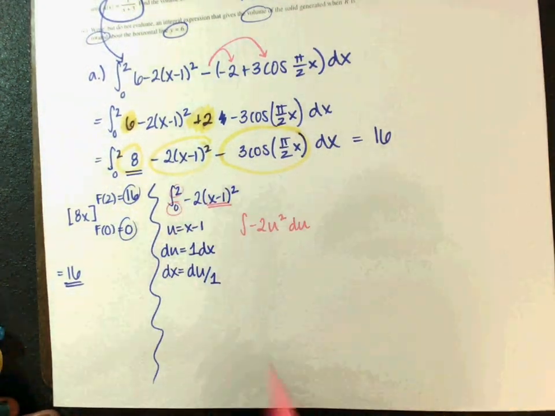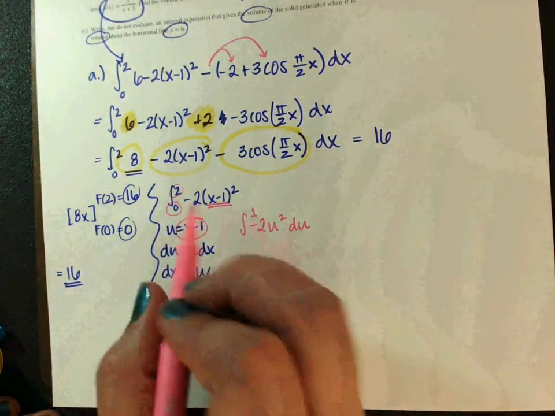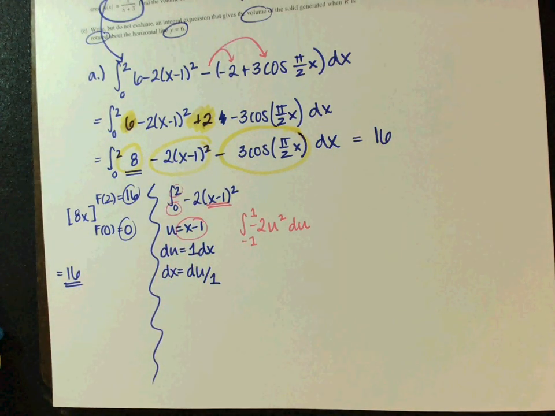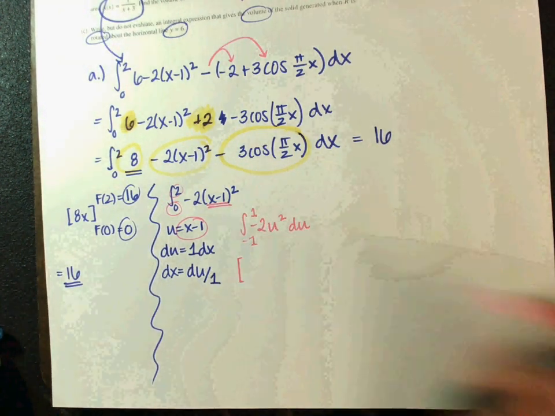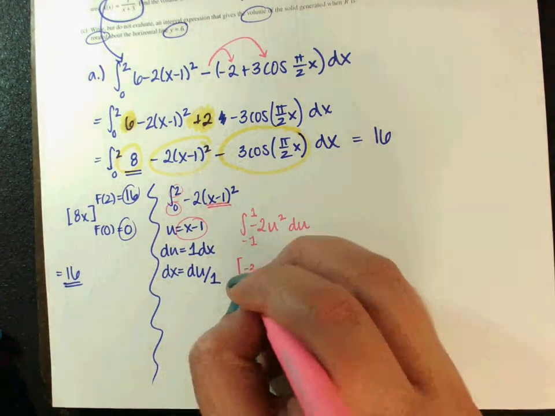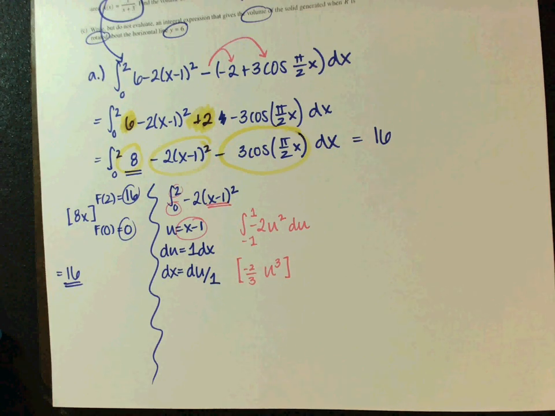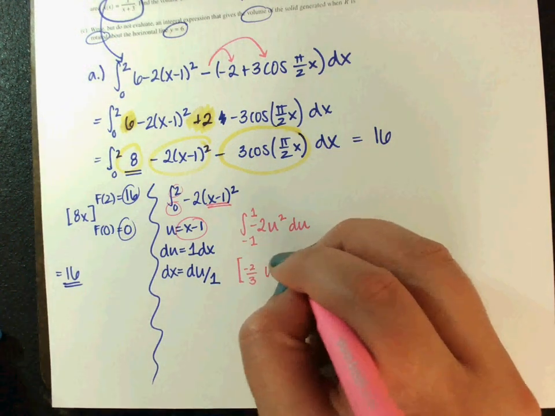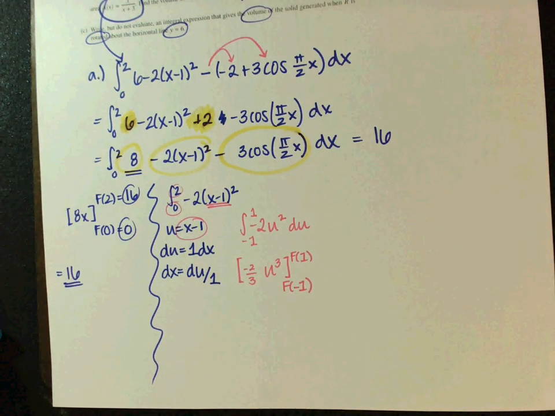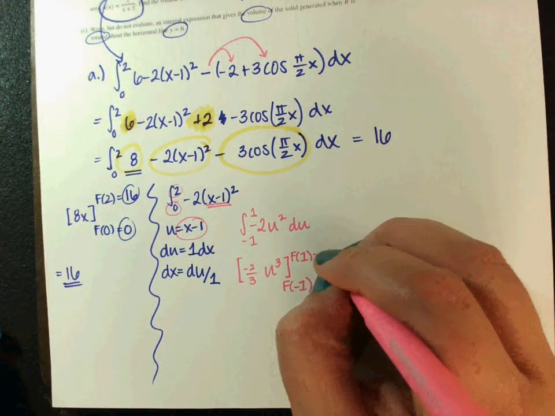So if this is 2 and 0, plugging them into x minus 1, 2 minus 1 is 1, 0 minus 1 is negative 1. And remember, I still need to do the antiderivative from there. So I'm going to add 1, my u is going to be cubed, then I'm going to divide by 3, so now it's negative 2 over 3. From there, I'm going to be plugging in capital F of 1, capital F of negative 1. When I plug in positive 1, I'm going to get negative 2/3 times 1 cubed.